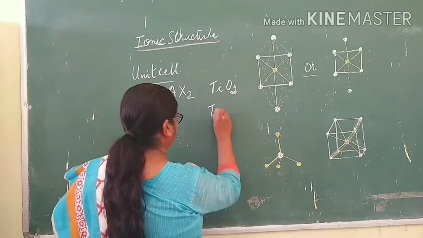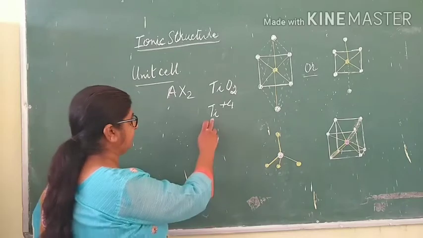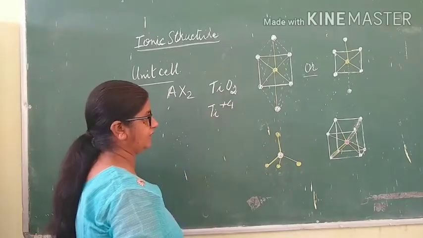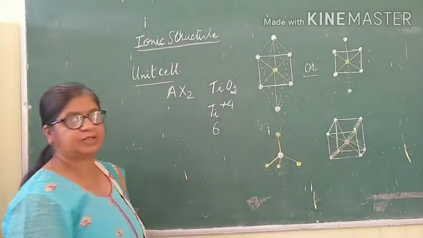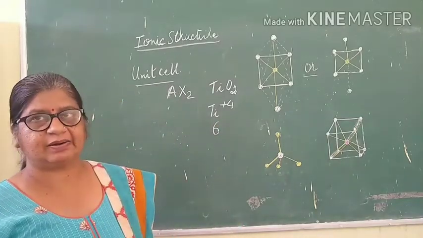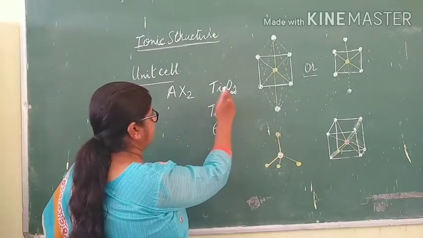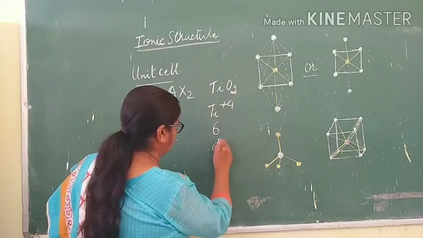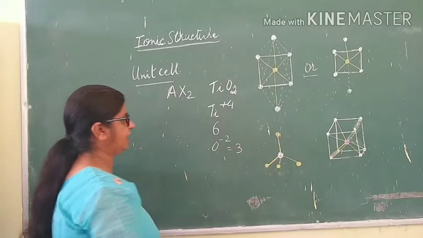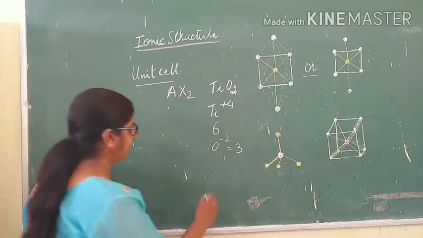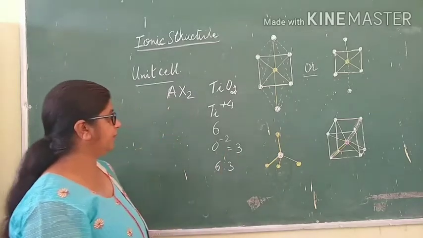Titanium here is present in the +4 oxidation state, and it is surrounded by 6 oxide ions. That is, the coordination number of the titanium +4 ion will be 6. Whereas 3 titanium ions are surrounding 1 oxide ion. Thus, the coordination number for the oxide ion will be 3. And its arrangement will be 6:3.